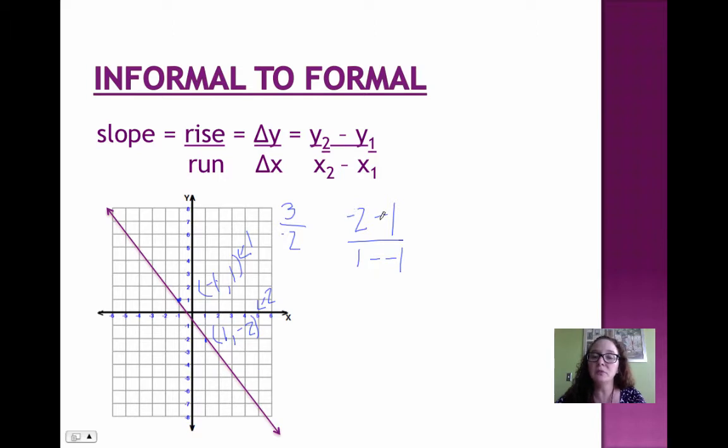So -2 minus 1 gives us a -3 overall, and then 1 minus a negative, remember, so it's plus. So we get 1 plus 1 gives us a 2. So we're still the same slope, -3 over 2, or 3 over -2. Doesn't matter where the negative symbol is, it's still going to get us a negative number for the slope.